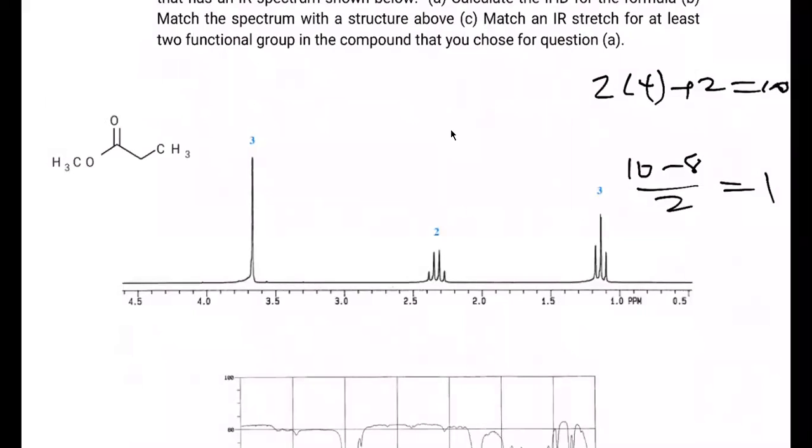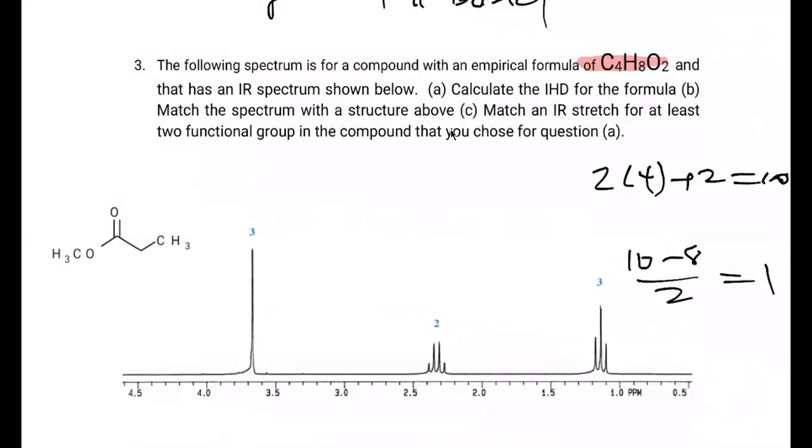All right, so this is the structure for that. The other ones we can rule out: the molecule with the aromatic ring has too many degrees of unsaturation to match the molecular formula. Plus it has a nitrogen in it, and this formula doesn't. You can see the formula is C4H10O2.